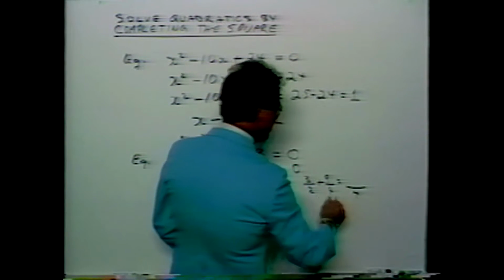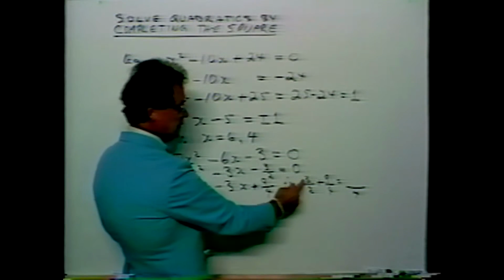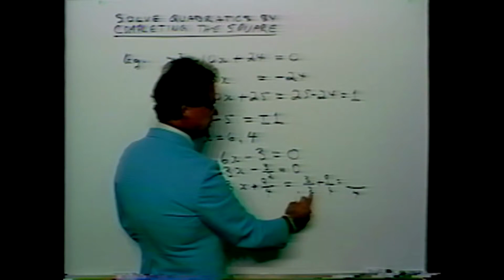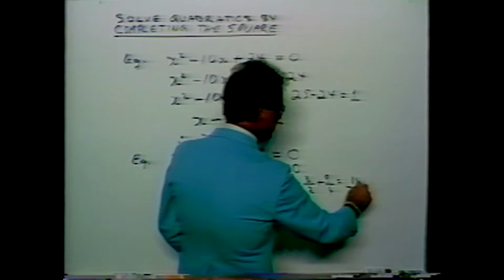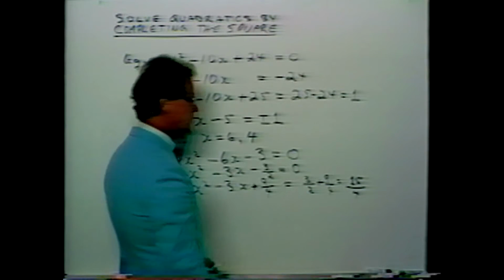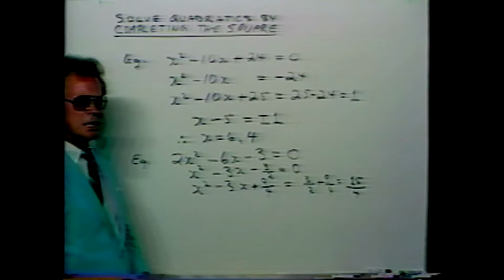With a common denominator 4, the sum of these fractions is 6 plus 9, which is 15. 15/4 is on the right-hand side.